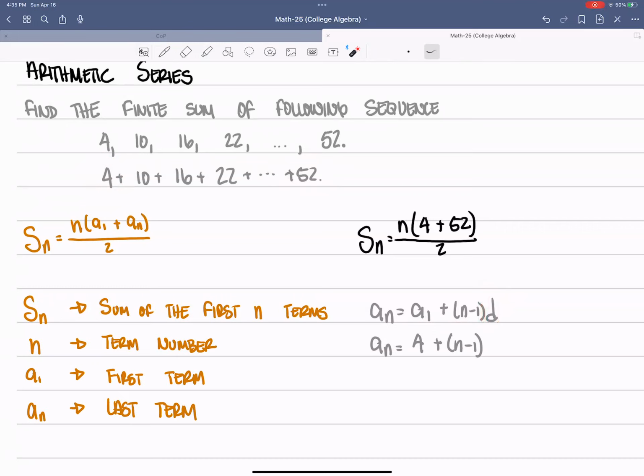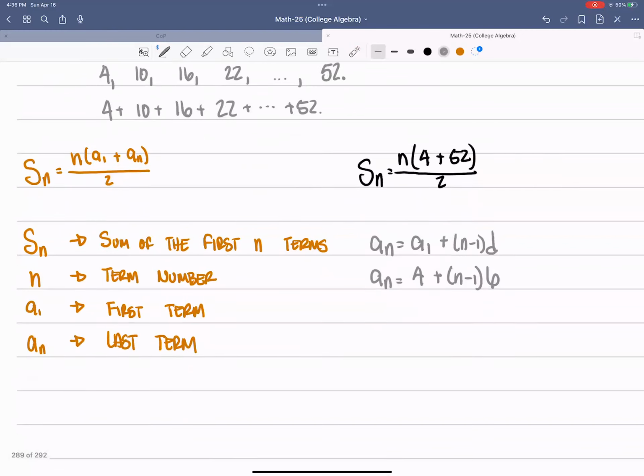Let's see what the difference is. 10 minus 4 is 6, so it looks like we added 6 to get this one. 16 minus 10 is also 6. 22 minus 16 is equal to 6 as well. So our common difference is 6, and we're going to plug 6 in right here.